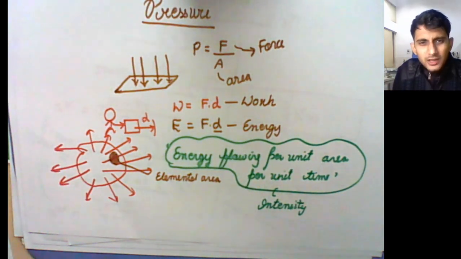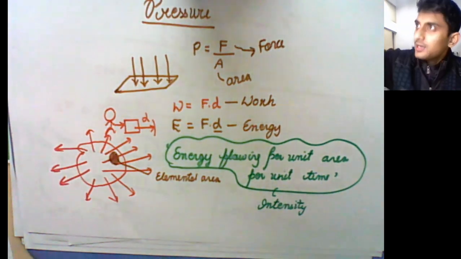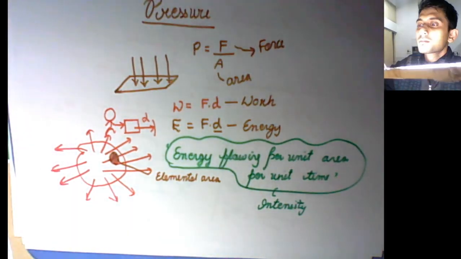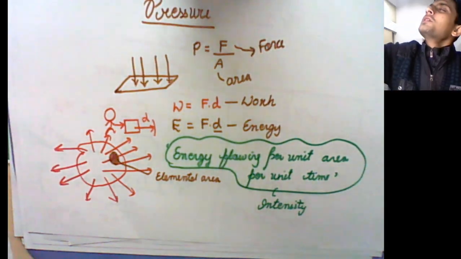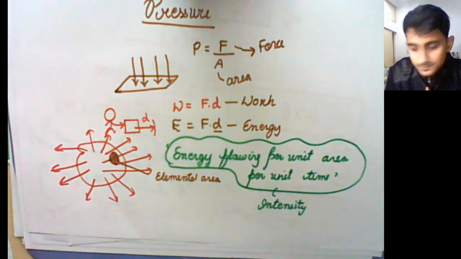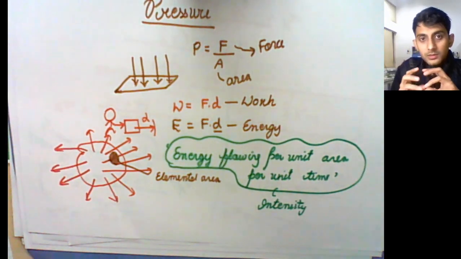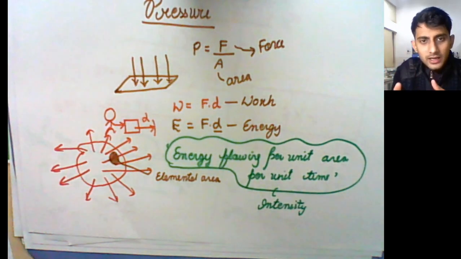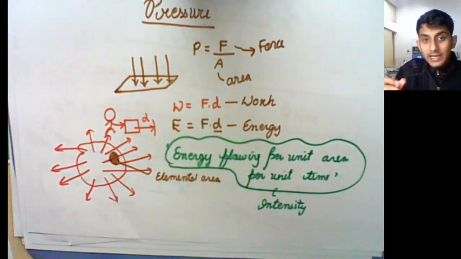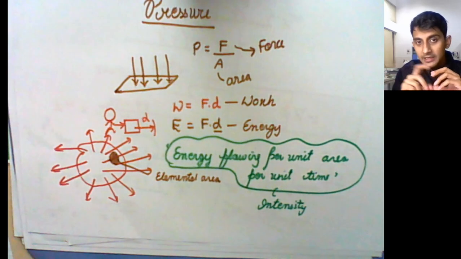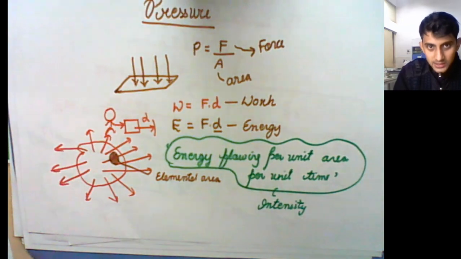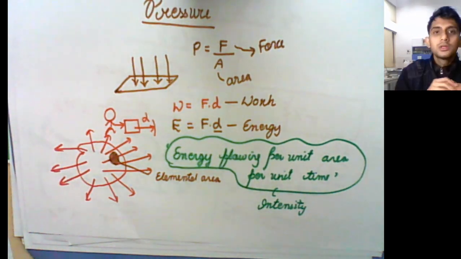Mobile torch is merely a few milliwatts, and this tube light is nearly 40 watts. Okay, so tube light में अगर आप पर यूनिट एरिया देखें कितनी एनर्जी आ रही है तो वो ज़्यादा है, और अगर मैं एलईडी ऑफ मोबाइल को देखूं कि हाउ मच अमाउंट ऑफ लाइट एनर्जी इज कमिंग पर यूनिट एरिया पर यूनिट टाइम, तो वो कम है. So mobile torch is less intense as compared to this tube light.